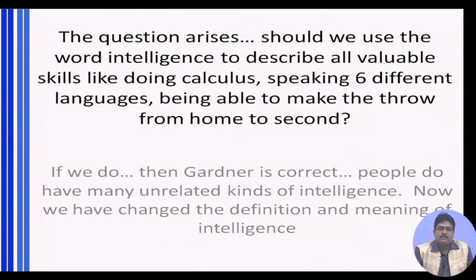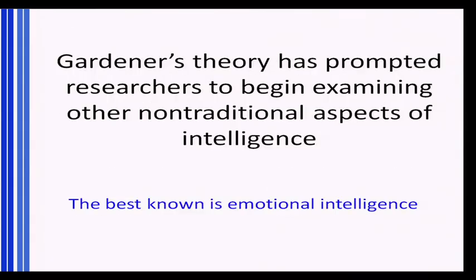That means there is not a single ability, there are multiple abilities. People do have many unrelated kinds of intelligence. Now, we have changed the definition and meaning of intelligence. Gardner's theory has prompted researchers to begin examining other non-traditional aspects of intelligence, what we call emotional intelligence.